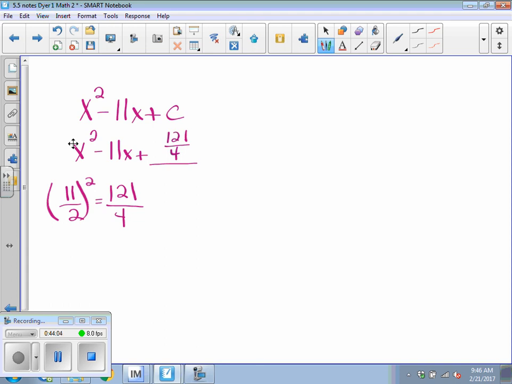It's b divided by 2 and then squared. That's what c is. b divided by 2 and then squared. Now, if I had to write that as my binomial squared, what's my first term going to be? X. Plus or minus? There you look at the sign. Minus.